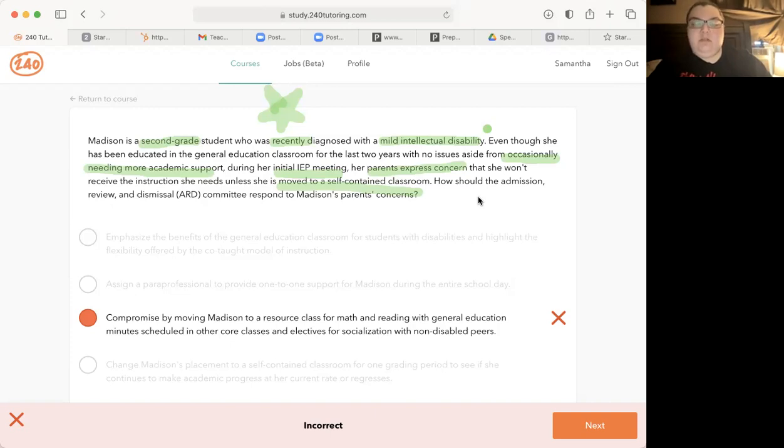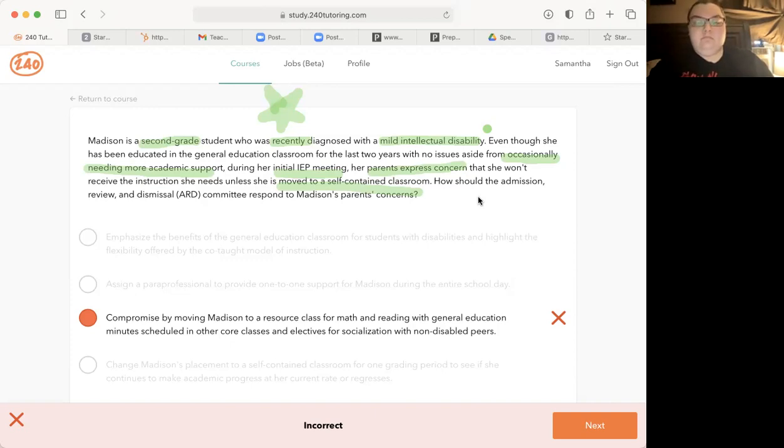That's the best case scenario. We want them to be utilizing content specific vocabulary. We want them to be practicing their oral language proficiency, even in basic interpersonal communication, but also in that cognitive academic language. So that's why emphasize the benefits of general education would be the best answer.